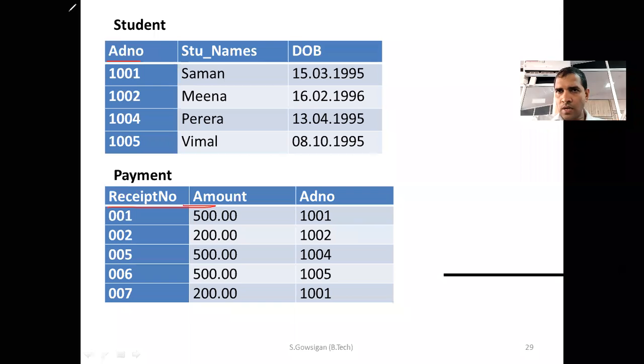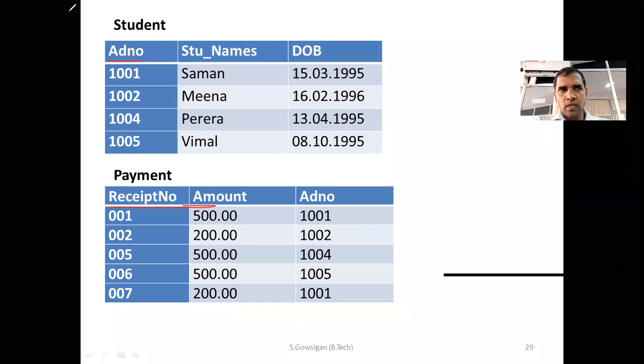Look at the payment table. In the payment table, you have receipt number as primary key. That receipt number is not found in the student table. Even though that is found only in the payment table, you can't write receipt number alone.